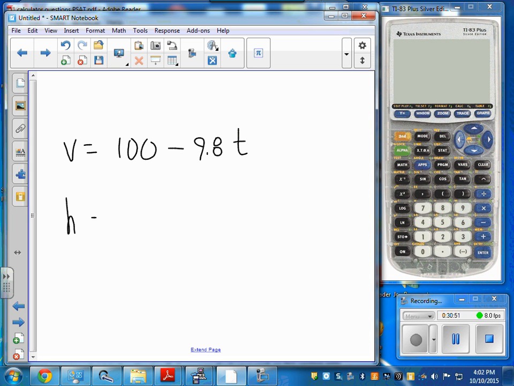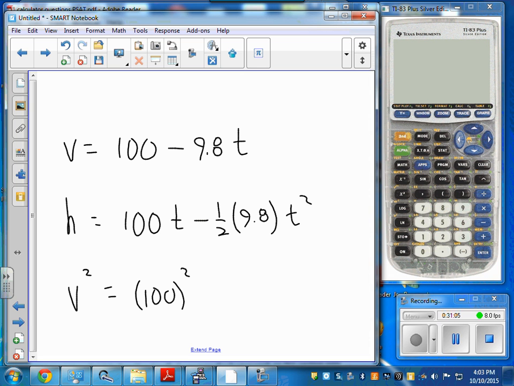Height is 100 times T minus 1/2 times 9.8 times T squared, and V squared is 100 squared minus 2 times 9.8 times H.